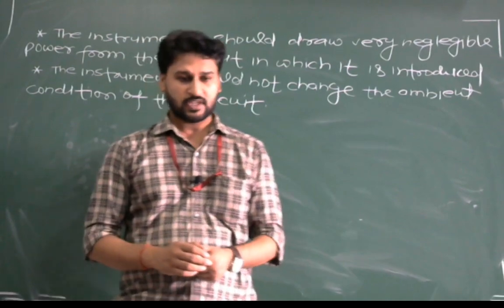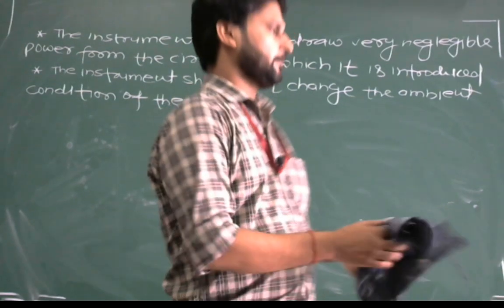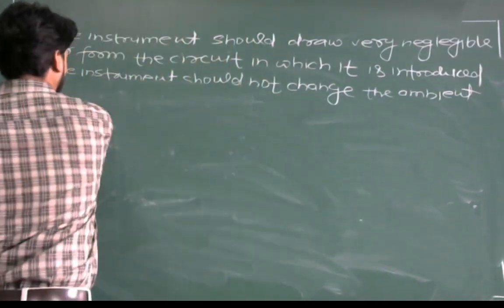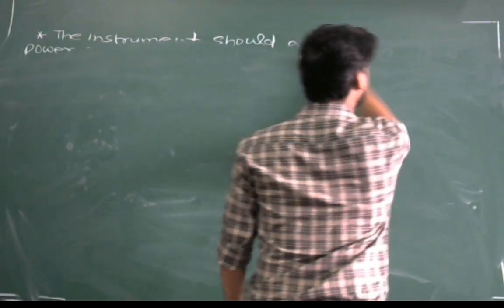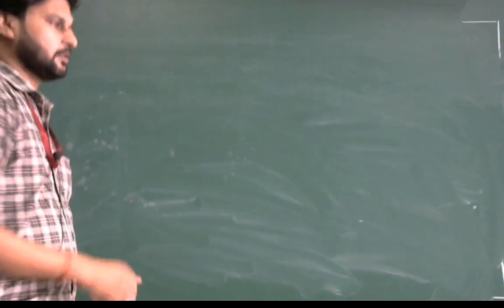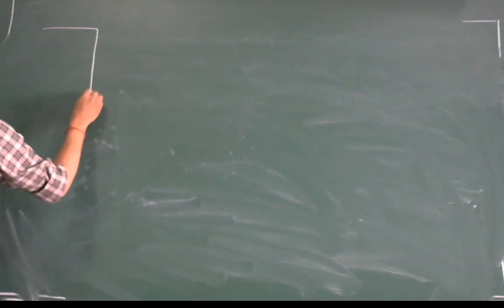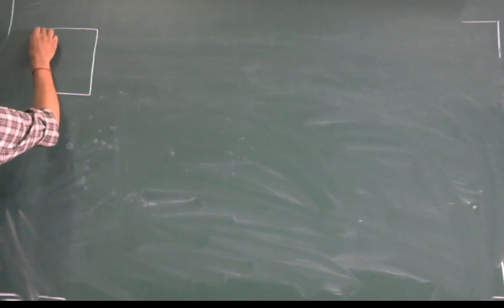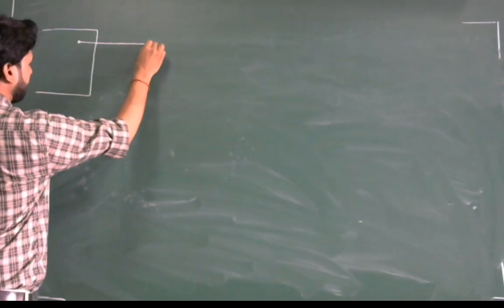Let us see how the voltmeter, from the last unit, was working. Suppose we have to measure a voltage across the given circuit using a PMMC voltmeter. This is the circuit.